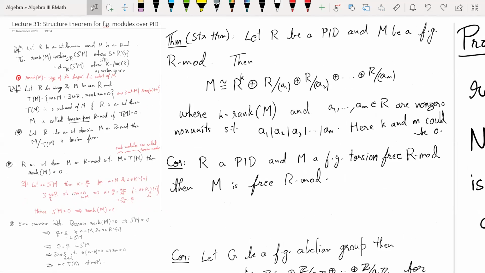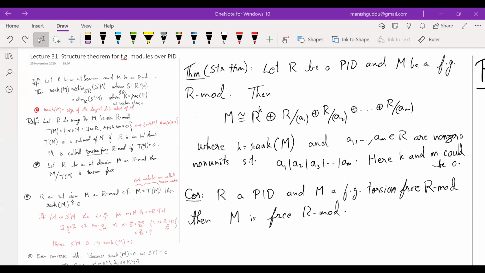So what does the structure theorem say? You may have seen the structure theorem for abelian groups, and okay, there is some chat. Thanks for pointing this out.